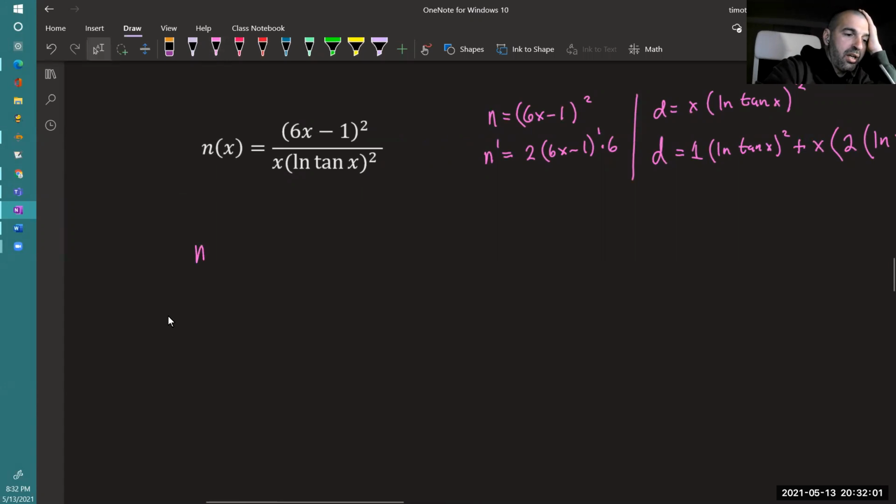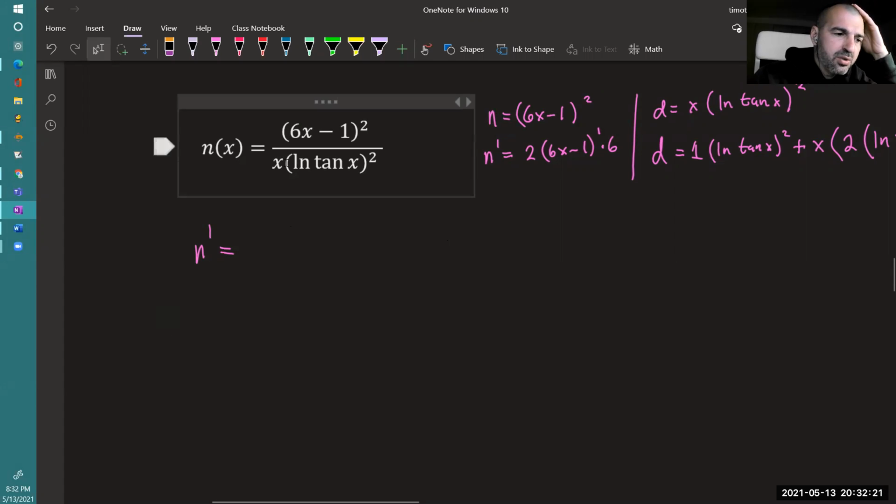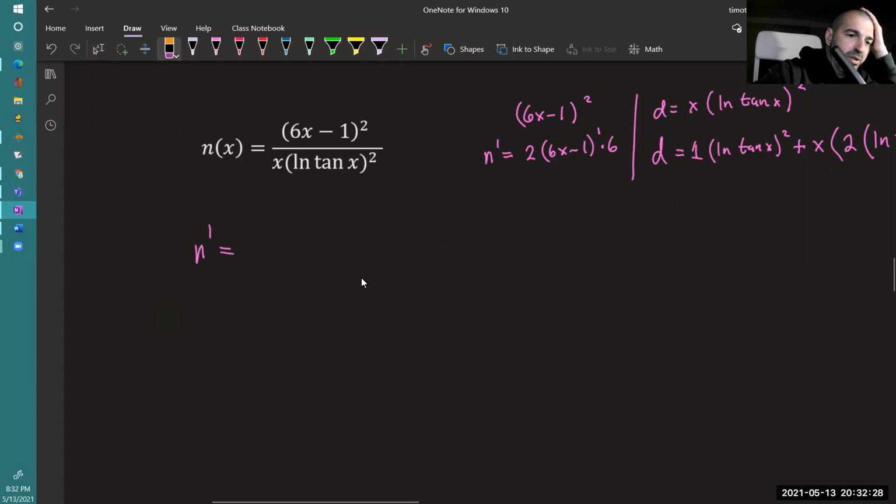So n prime is going to be, remember, the quotient rule. The quotient rule means it's the numerator differentiated. Oh, I've got an n over here. I used n too many times. Shoot, that's an n. I'll call this a, and I'll call that a prime.